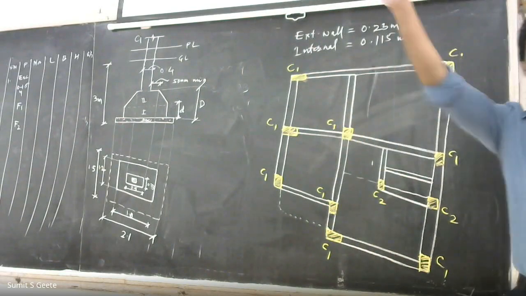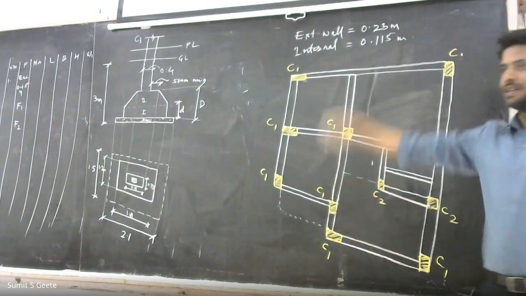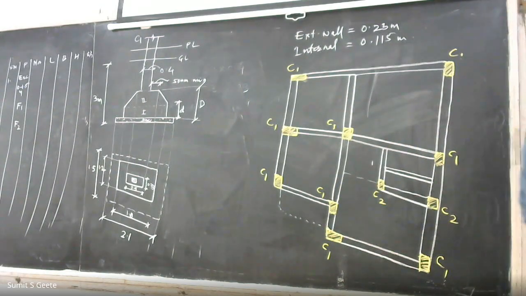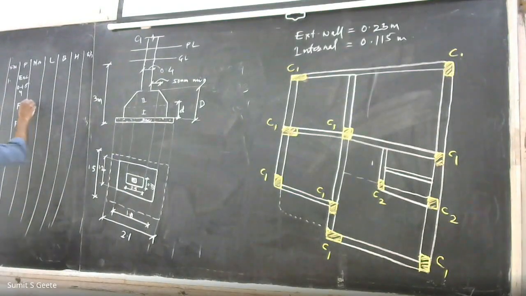Now we are going to provide footing number 1 for what? C1. So measure the number of C1. Total 9. So I am writing 9, and F2 for C2.